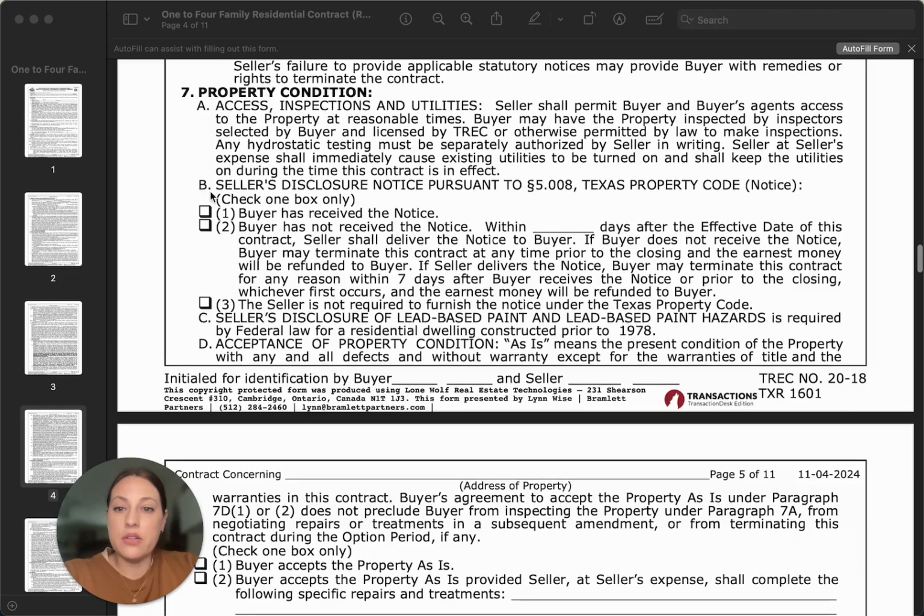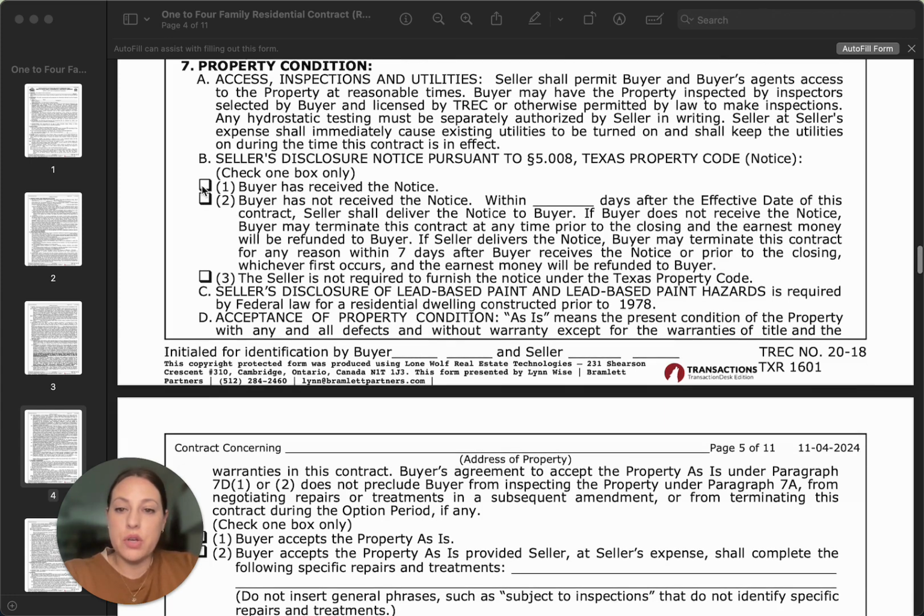And then here, 7B, this is regarding the seller's disclosure notice. So almost always, sellers are required to provide a disclosure notice. There are some exceptions, but 99% of the time, they have to provide the disclosure. So you can check here whether you've received it or not, or whether it needs to be delivered to you by a certain date.